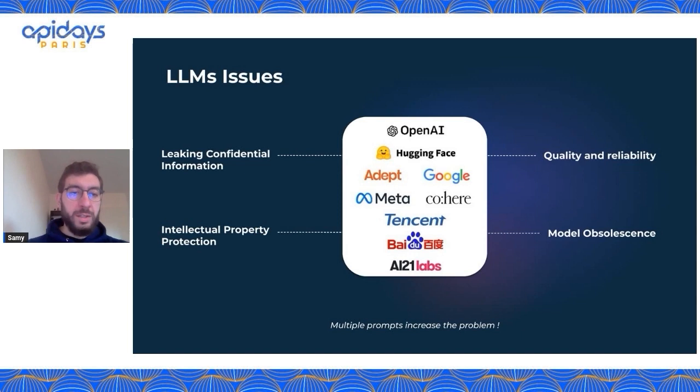So, for example, if you use prompts to generate some information, you might leak some confidential information that you are sending to your language model. The model can hallucinate. You have all probably seen some models inventing some new information, or false information, I'd say.